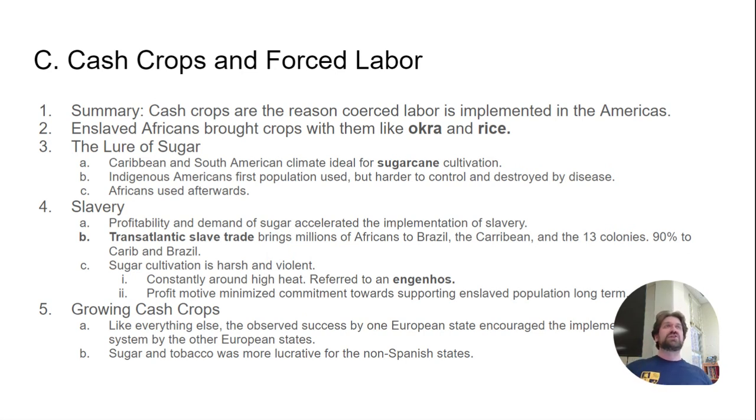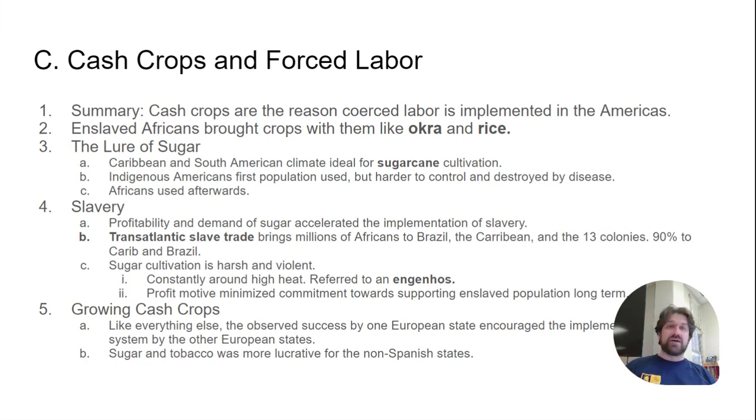So because the Portuguese were initially the sugarcane cultivators, France, Britain, and Spain all observed value in that. France gets Saint Domingue on the island of Hispaniola, Spain uses Cuba for sugarcane cultivation, and Britain uses Jamaica for sugar cultivation as well. So they all develop a colony with the same kind of value.